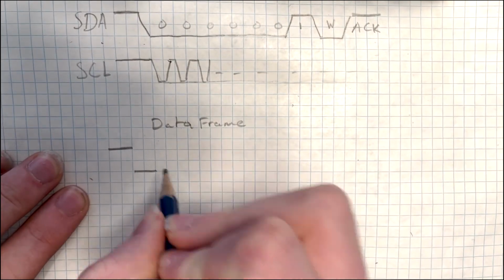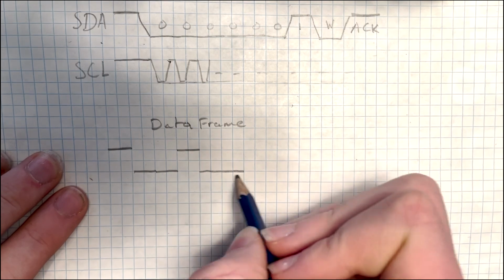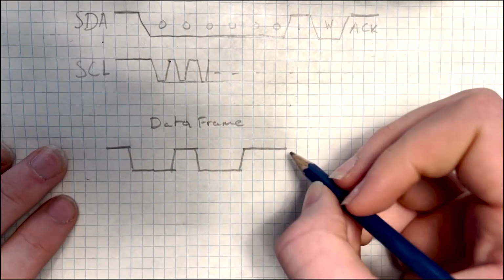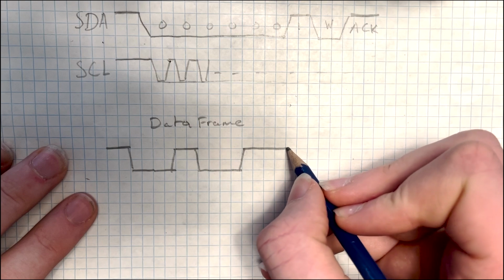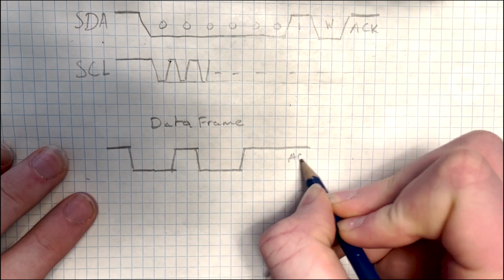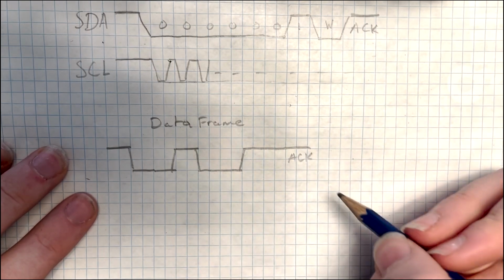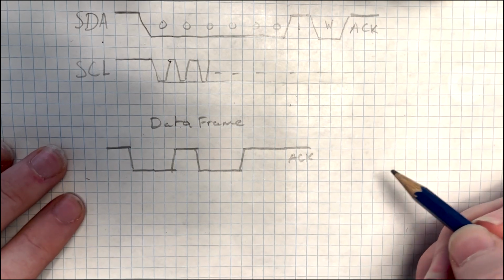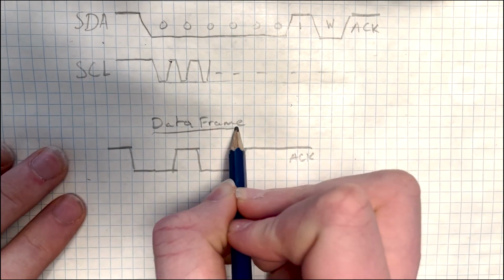So let's say it's this. After that, the responding device will ACK, or it won't, which is called NACK, which is negative acknowledgement. And there you go. You send as many data frames as you want.